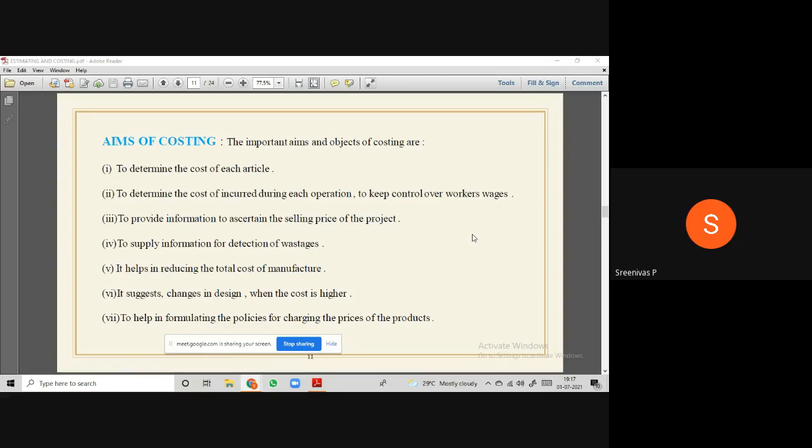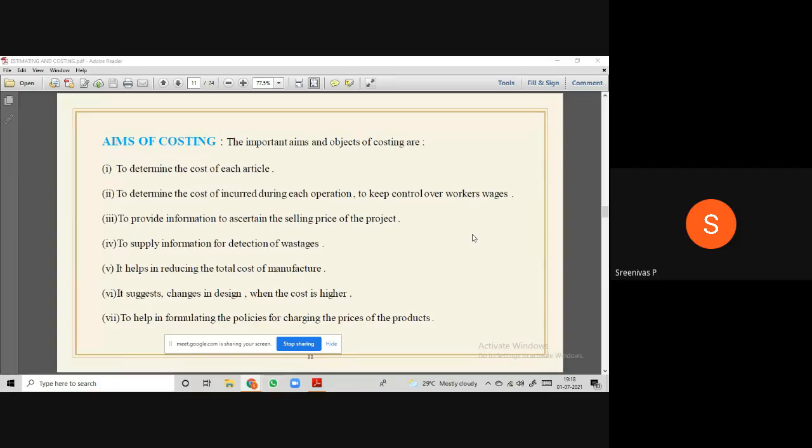It differs from estimating in that costing is a determination of cost after knowing the expenditure incurred in various departments on the product, while estimating is the predetermination of cost based on assumptions and previous experiences.